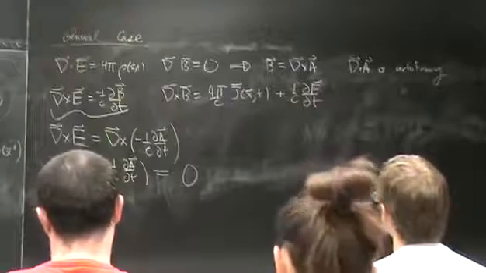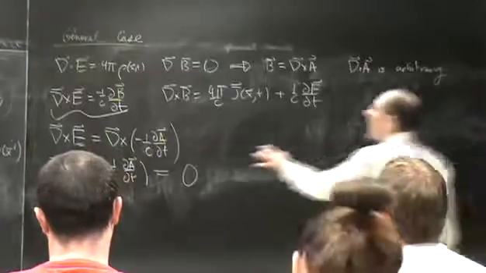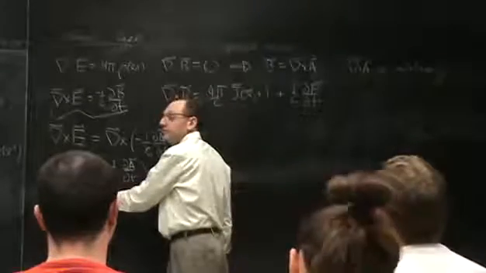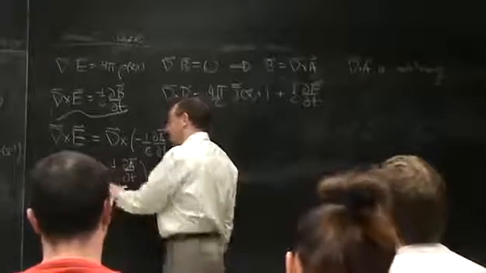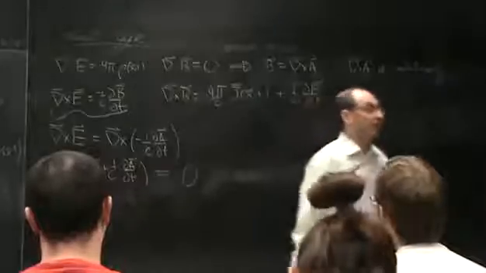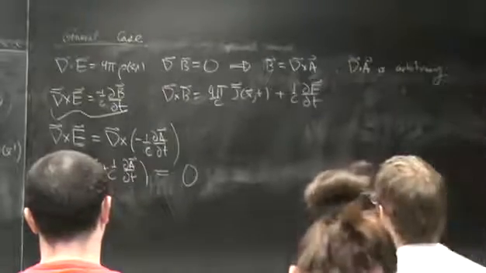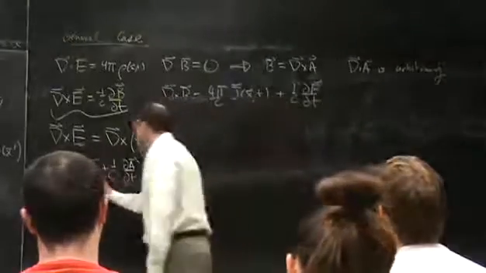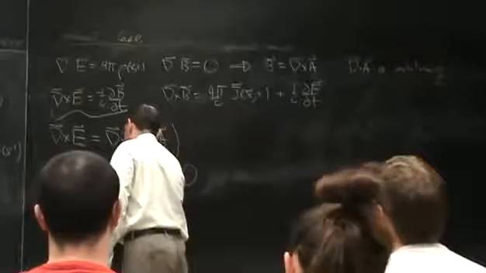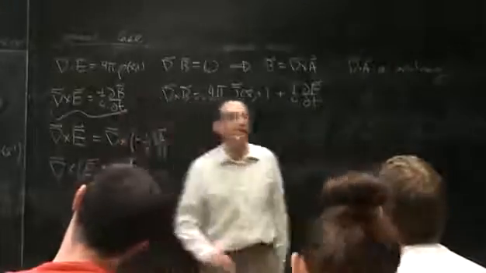So what that tells me is that this combination itself is irrotational. It has a curl of 0. And thus that combination together can be written as the gradient of a scalar, which by tradition is minus phi.